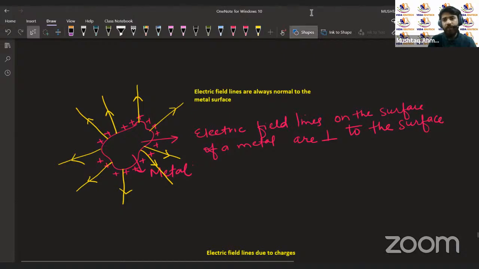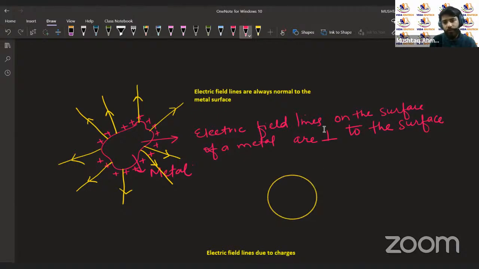Let's suppose that we have a sphere here. This is the sphere, and suppose that this sphere is positively charged. This is a positively charged sphere here. So this is how the electric field lines are going to be on this positively charged sphere.